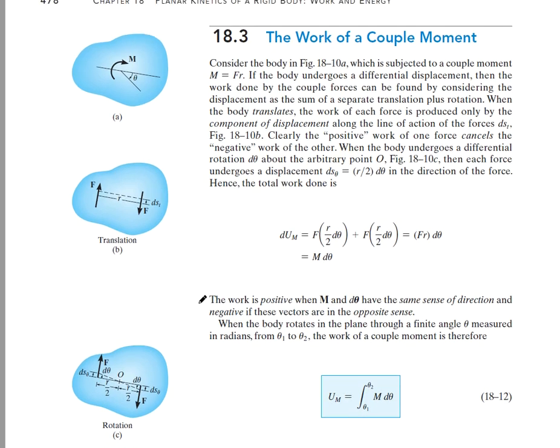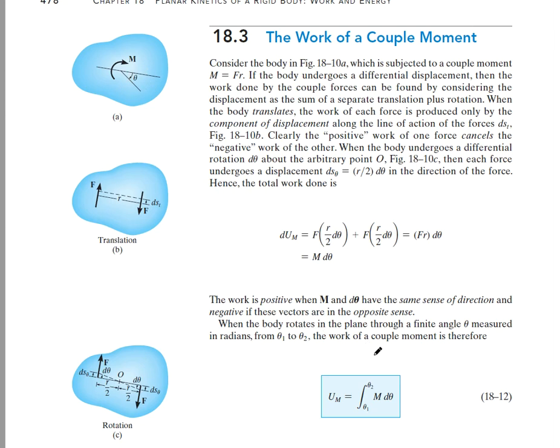But infinitesimally, we can say F times the one and the other of the forces and half of the radius in between. So the work of each force ends up being the infinitesimal work of the moment times d theta, a small change in angle theta.